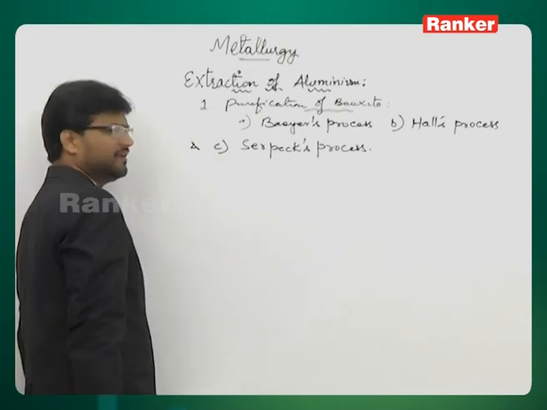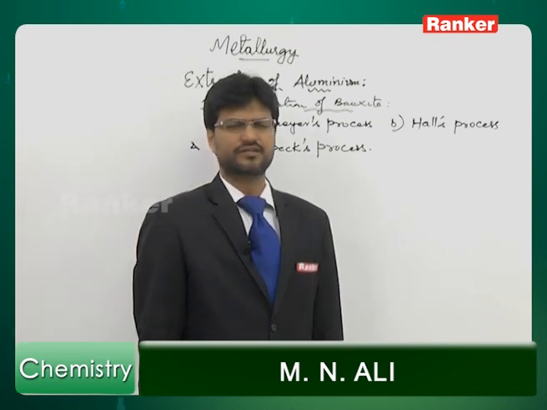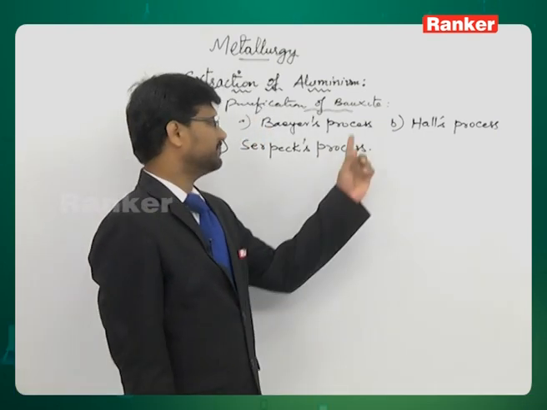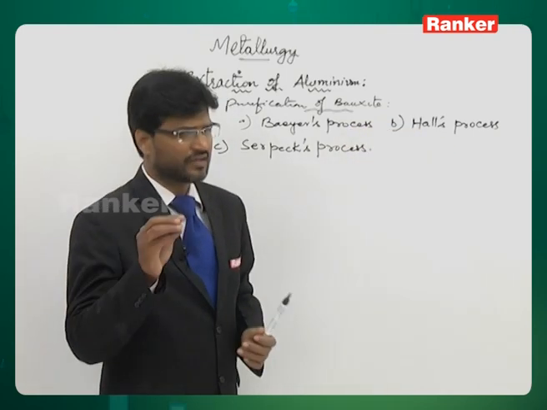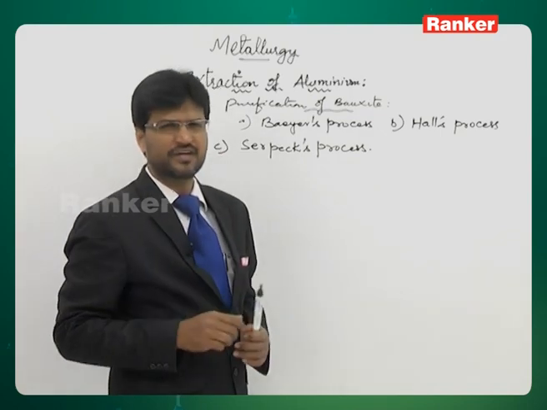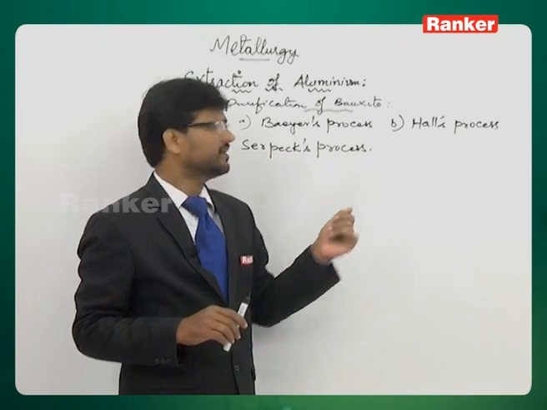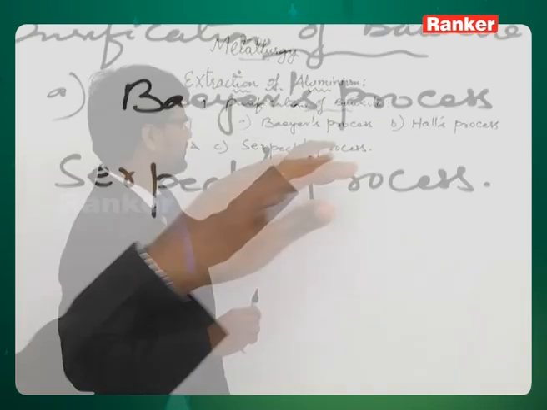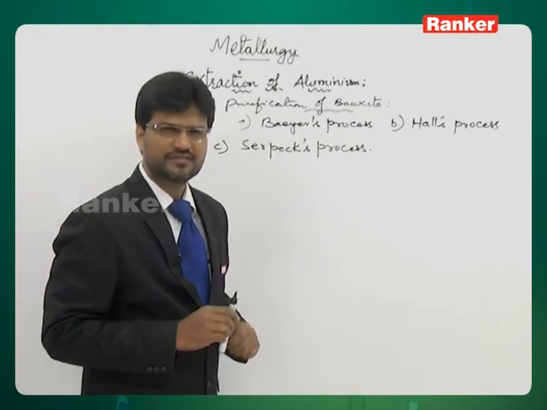These are the three different methods available for the concentration of bauxite: Bayer's process, Hall's process, and Serpek's process. Remember, Bayer's and Hall's process are meant for purification of red bauxite. Serpek's process is for white bauxite. So we'll first talk about Bayer's process, then Hall's process and Serpek's process.